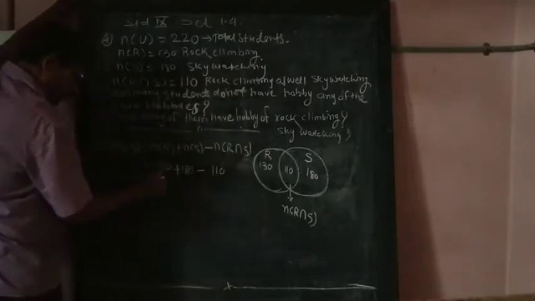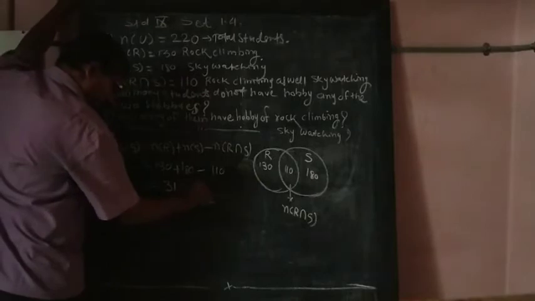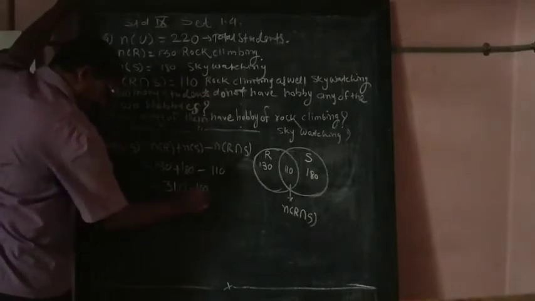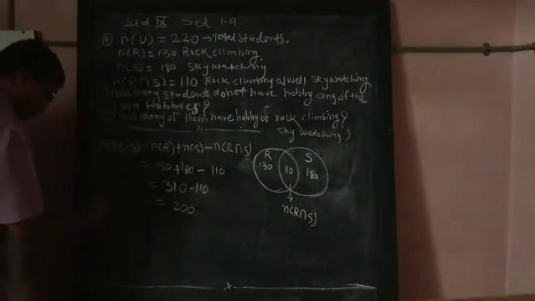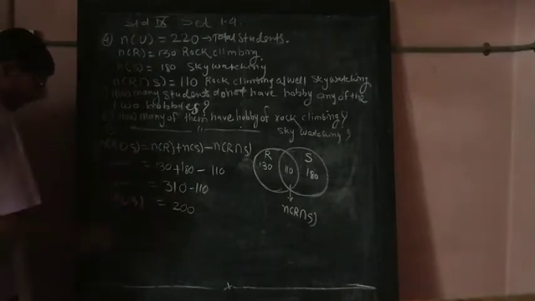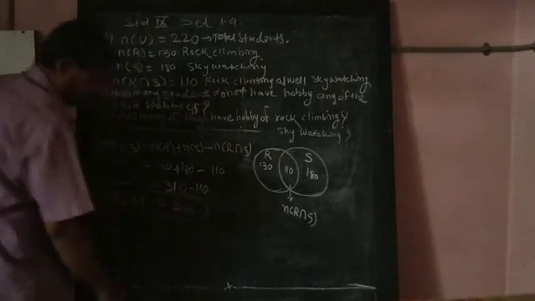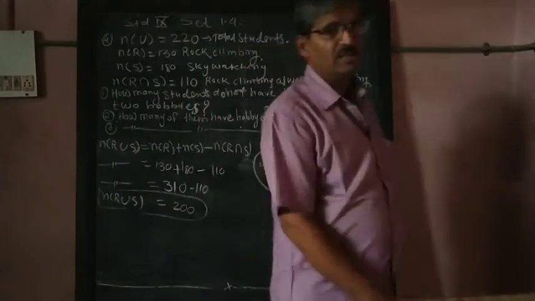So 130 plus 180 is 310, minus 110. You will get 200. It means the students having interest in hobbies is 200. 200 students have interest in rock climbing as well as in sky watching.